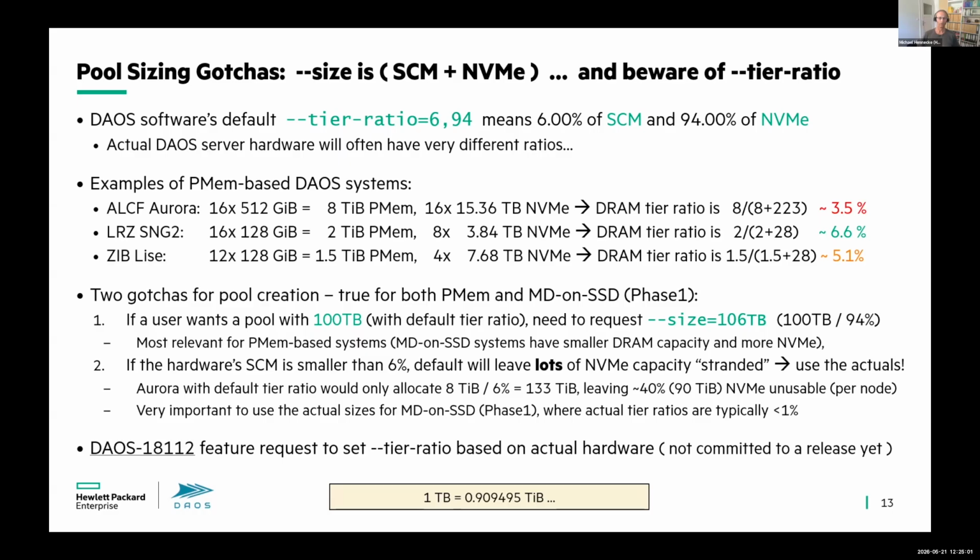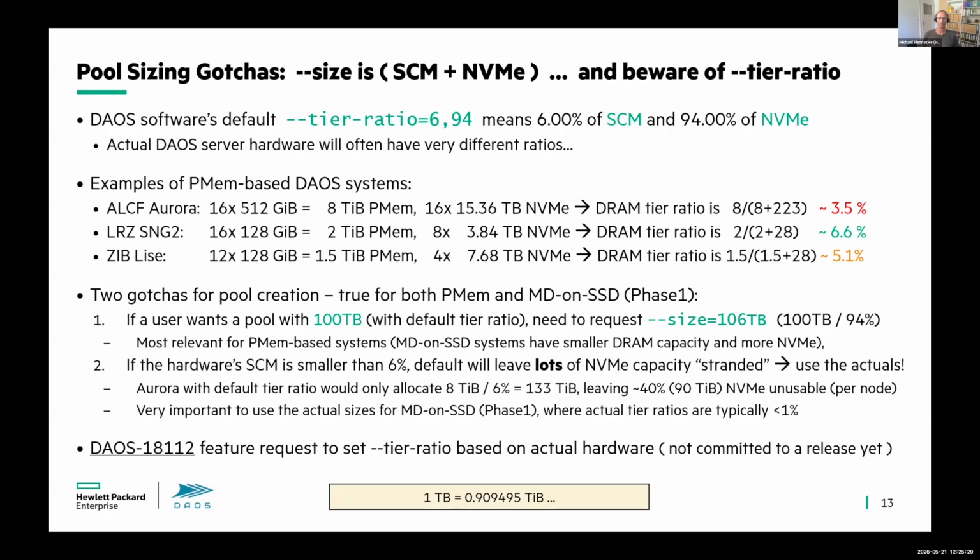And the second one, which is much more than just an inconvenience: if you're not careful and you're not specifying a tier ratio that reflects what you have in your actual hardware, you will end up with stranded NVMe capacity. Again, the example of Aurora, 3.5% instead of 6%.